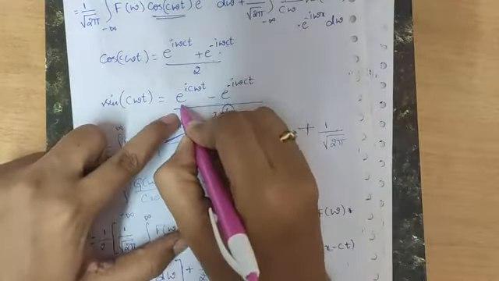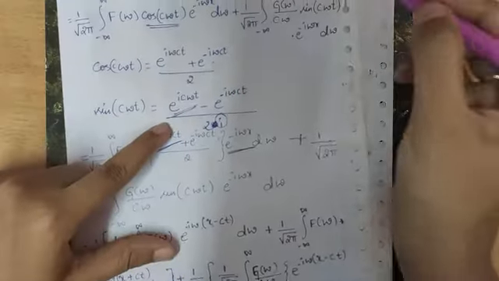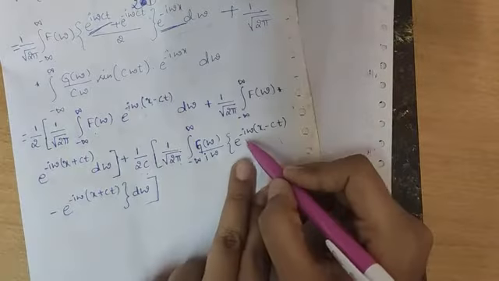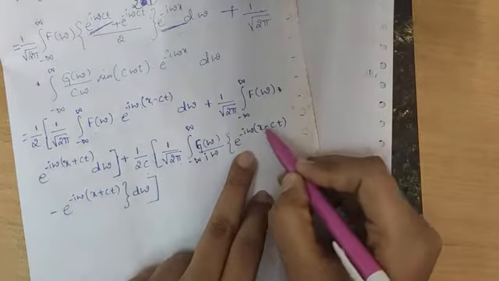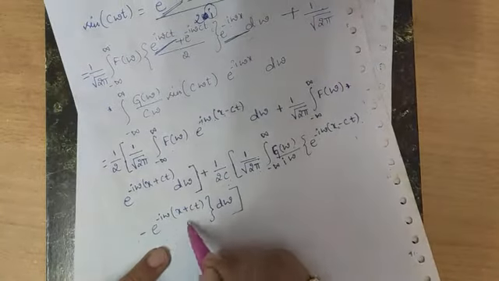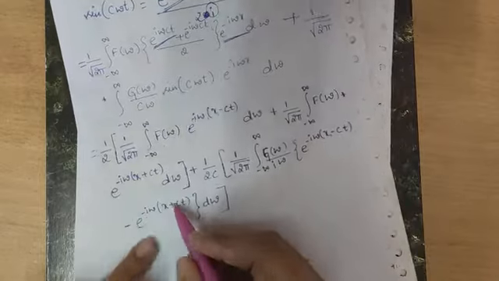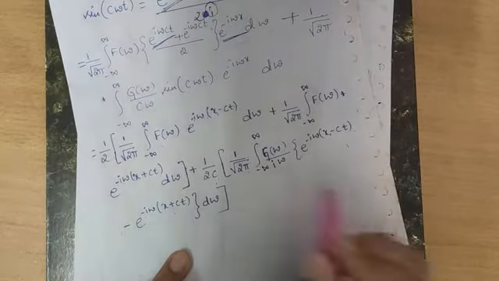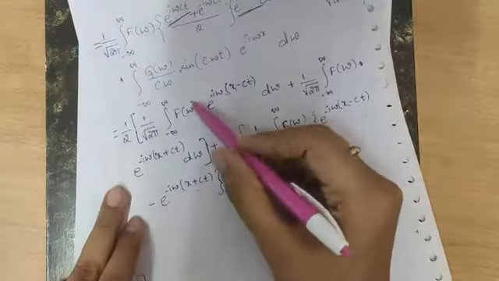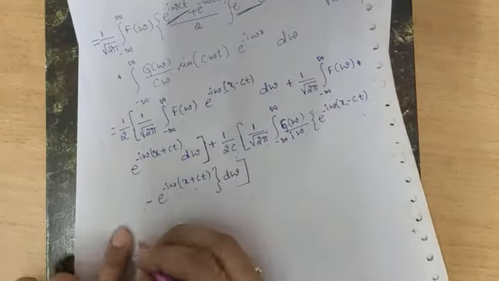So same procedure you can use here also. First you will combine e power i c omega t into e power minus i omega x. From that, if you take minus i omega as common, it will be x minus ct, minus one more term is e power minus i omega into x plus ct into d omega. So now here also I can take out f of omega common.